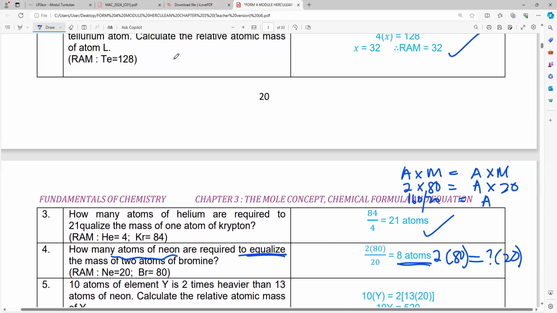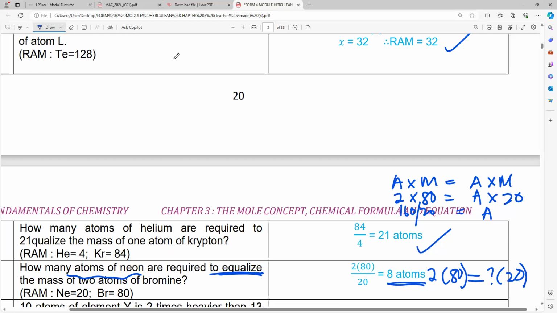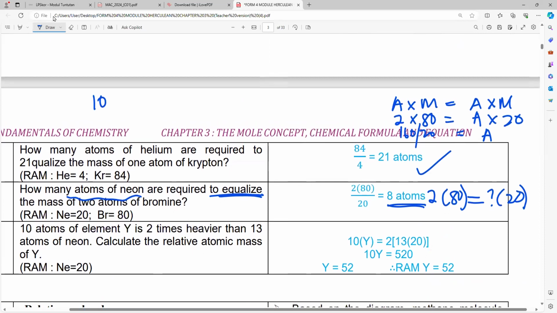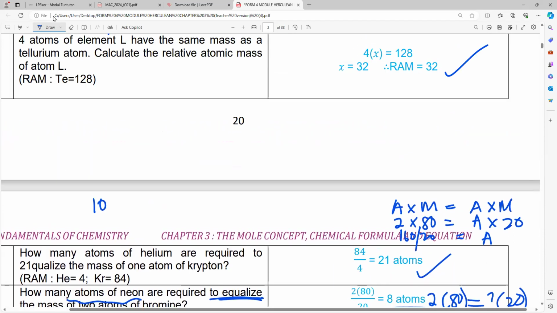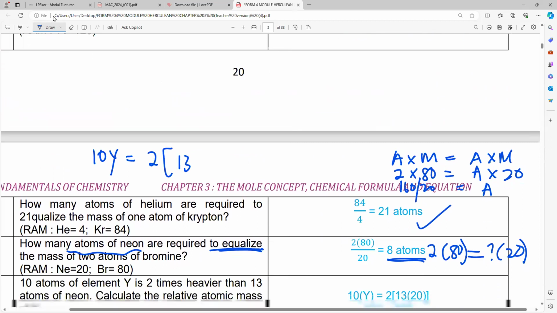Alright. Now, 10 atoms of element Y. This is a bit tough, not tough at all, but just playing with the words. I know 10, and I need to find Y. 10 atoms of Y is 2 times heavier than 13 atoms of neon.